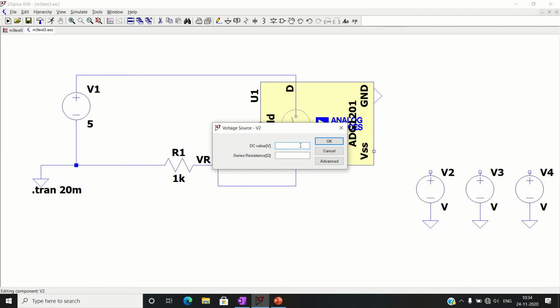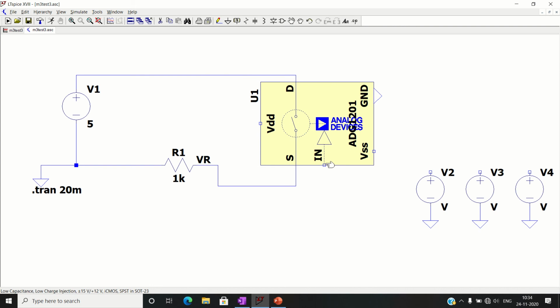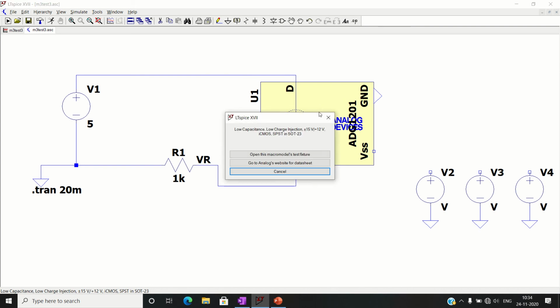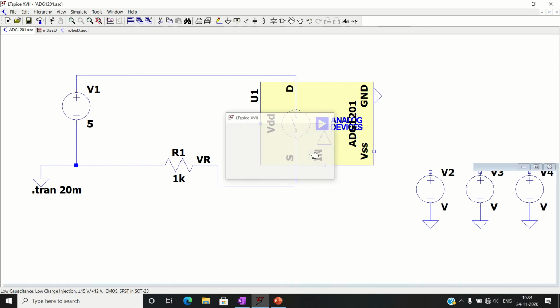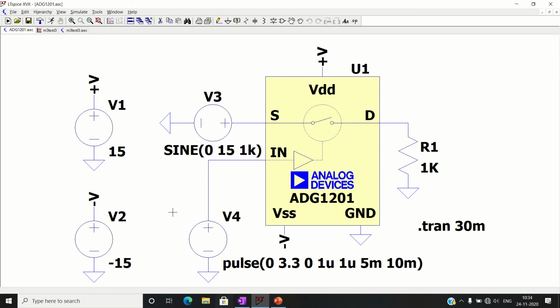Now for this switch to operate, if you want to see the general values, you can open the test bench for this. You can just click here, get a test bench. Now this is the test bench to test the switch. Normally the value of VDD and VSS is 15 volts and minus 15 volts, and the trigger pulse is around 3.3 volts.